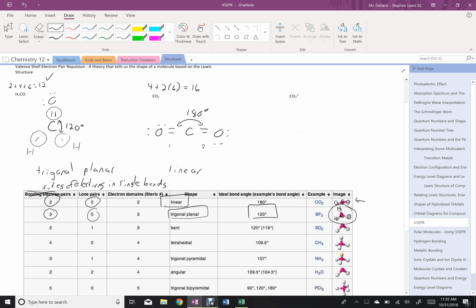So let's look at CO3 2-. There I've put the carbon in the center and put oxygens all the way around the outside and octeted everybody.